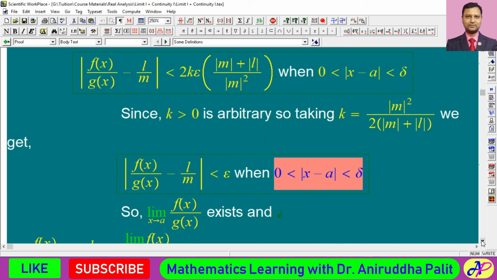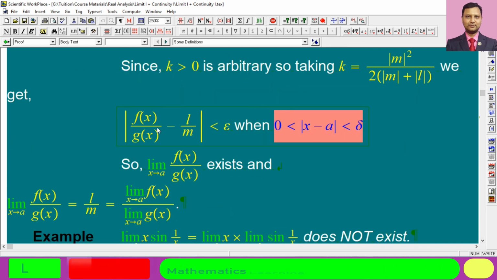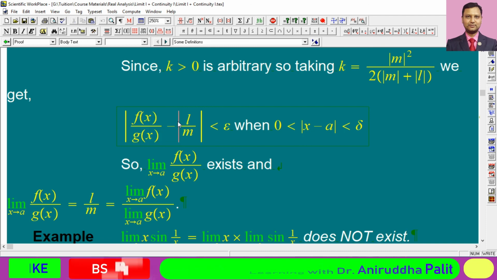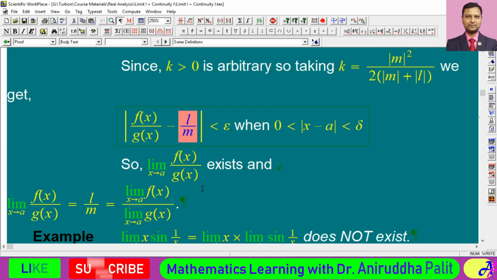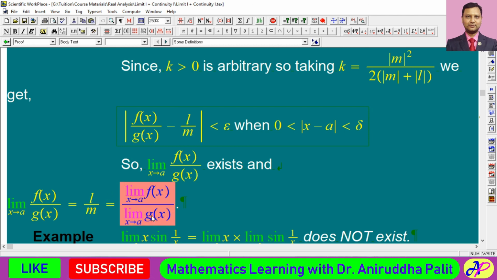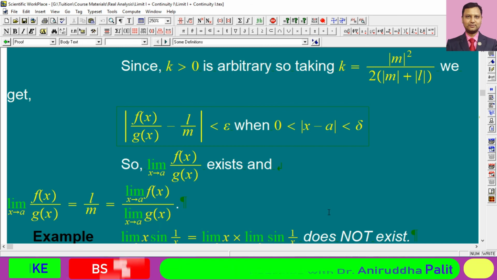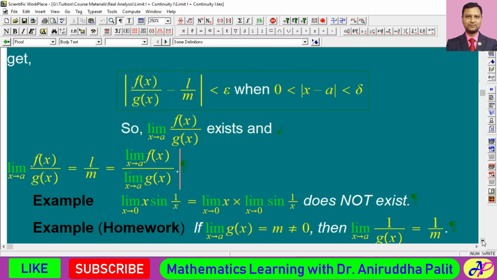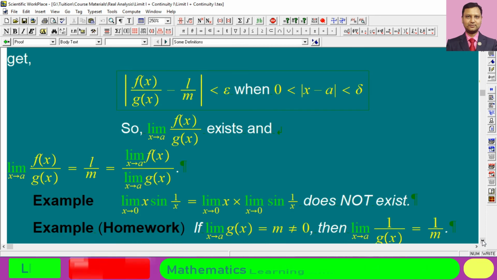And therefore we can say that the limit of the function f(x) by g(x) exists and is equal to L by M. And so this L by M can be written as limit of f(x) divided by limit of g(x). Therefore this completes the proof.